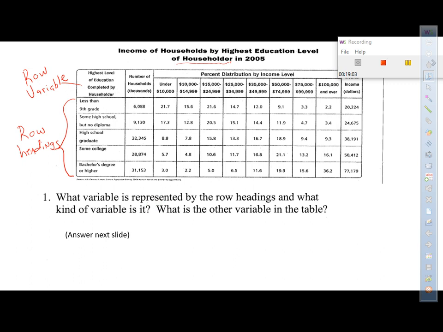You really have to watch when charts do this. It says number of households, and then we kind of forget to look. In this case, it says in parentheses thousands. So this 6,088 really represents the 6,088 that you see with 3 additional zeros. The 9,130 really represents 9,130,000.